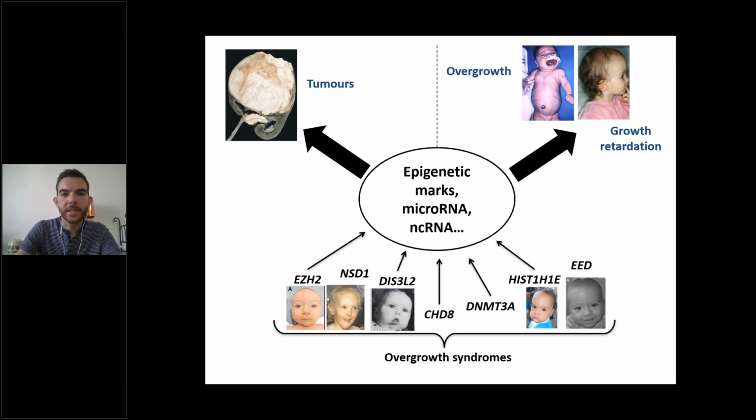What is interesting is that those epigenetic marks or non-coding RNAs are also regulated by several factors, and mutations in those factors have been implicated in different overgrowth syndromes, such as Sotos, Weaver, Perlman syndrome, etc.